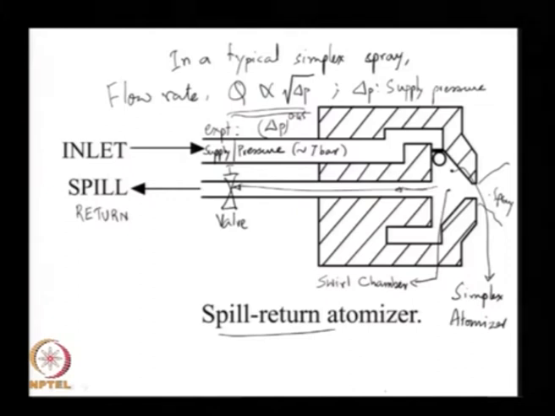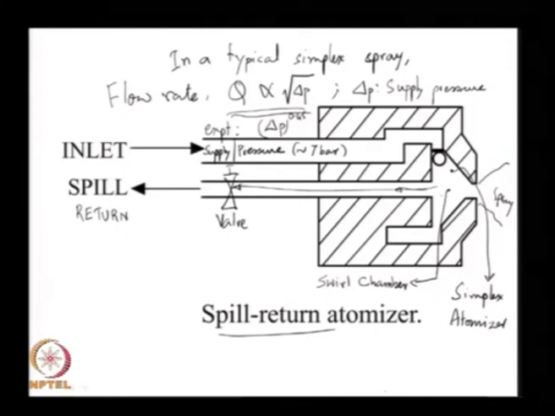Now, typically again from observations, what we find is that between the two extreme cases where the valve is completely closed and completely open, the actual flow rate of the fuel going into the swirl chamber does change.